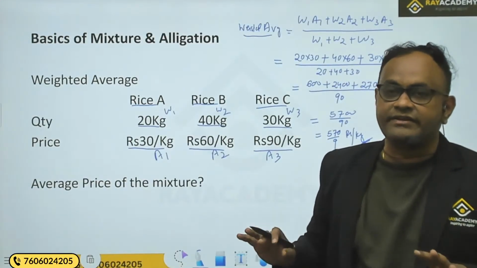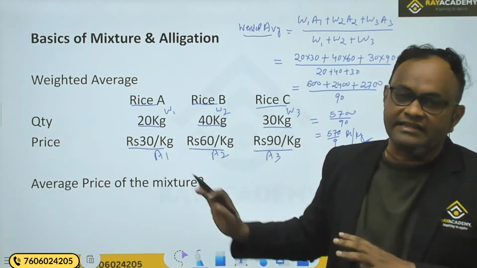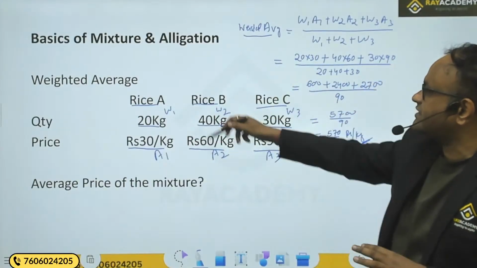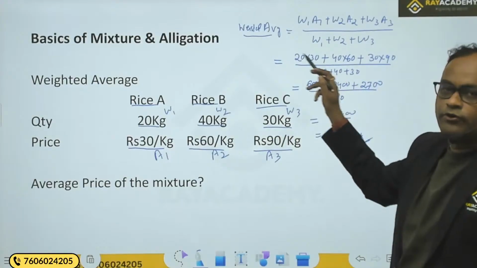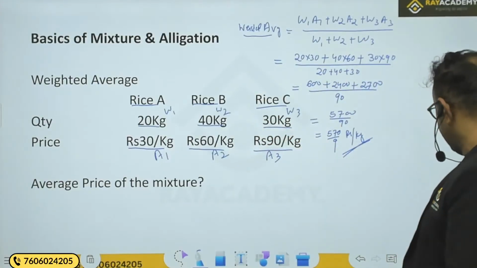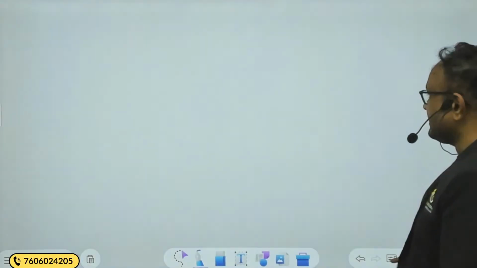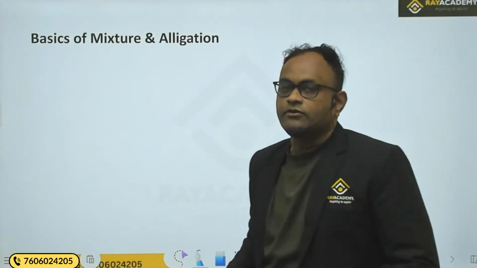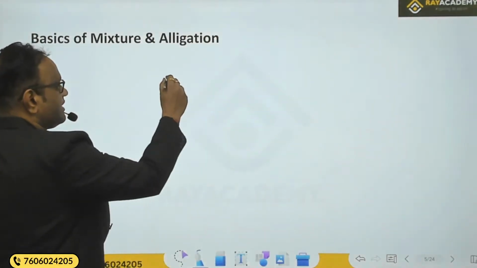But alligation will be useful only if you are adding two samples and getting a third sample. This thing you have to do in weighted average only. Alligation won't be useful here. Only if you are adding two samples, then you use the alligation method. But still, again there are two samples: when to use alligation and when to use the weighted average method? Alligation, what was the alligation?